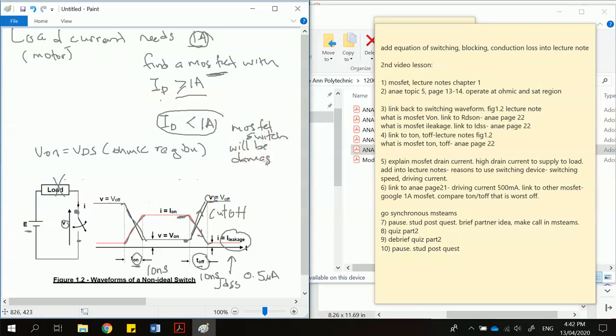Because when the motor is functioning, it will draw 1 amp from the power supply because the device needs 1 amp. But the current flowing through the MOSFET itself could not withstand 1 amp because the rating, the specs, is less than 1 amp, so the MOSFET switch will be damaged.